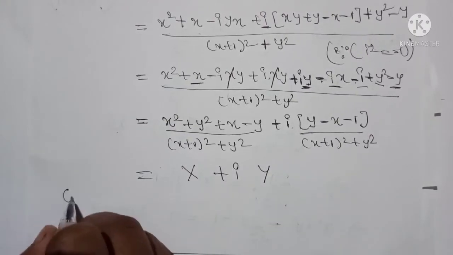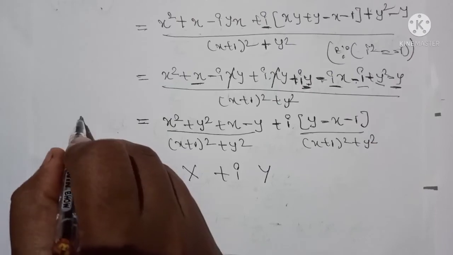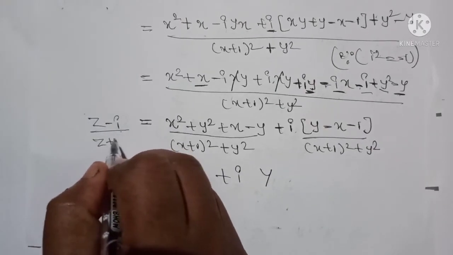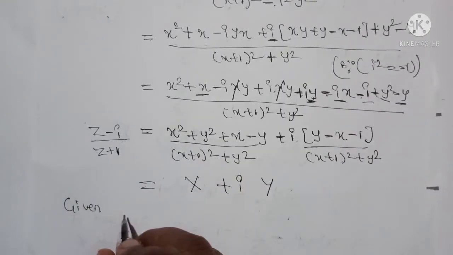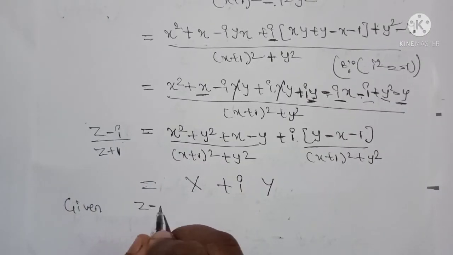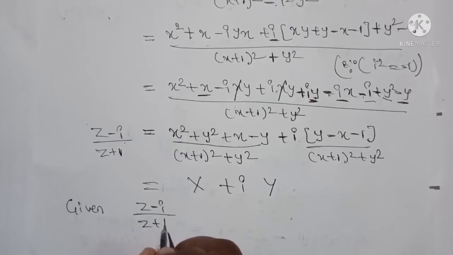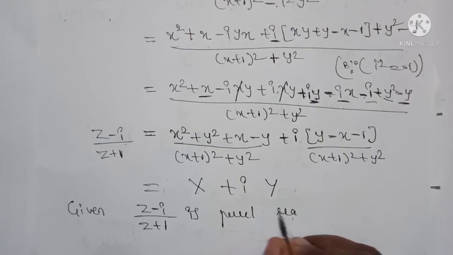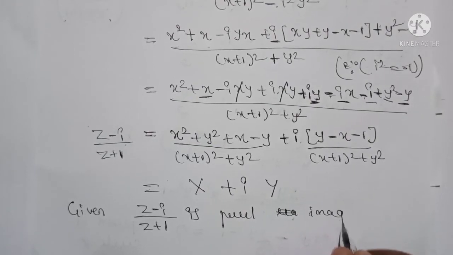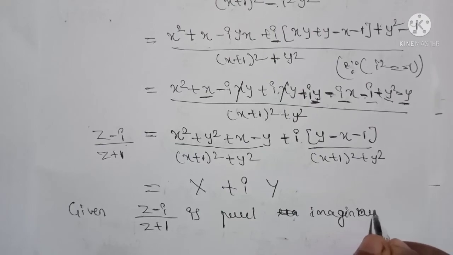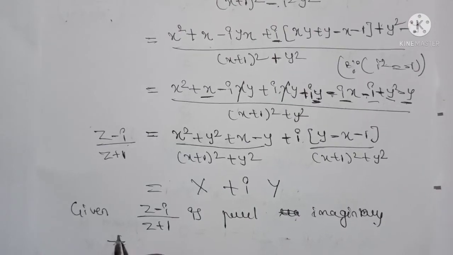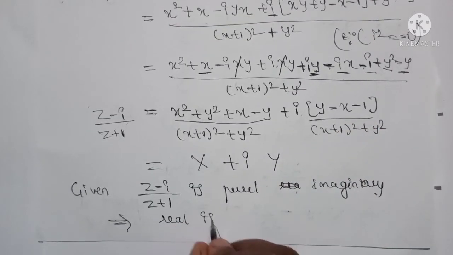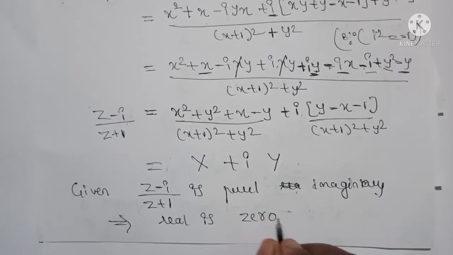This is nothing but the value of (z minus i) divided by (z plus 1). But given that (z minus i) divided by (z plus 1) is purely imaginary, it implies that the real part is 0. Absent means it is 0.